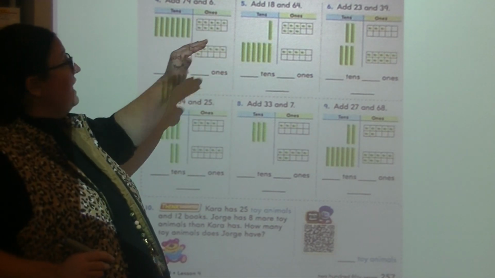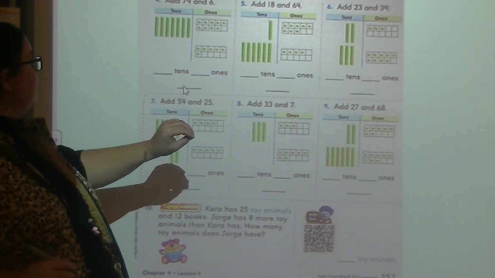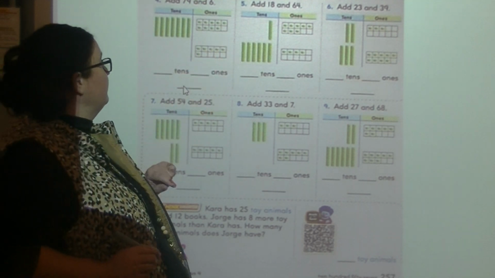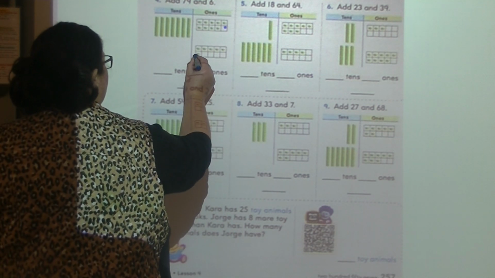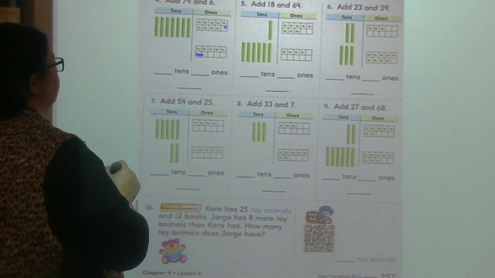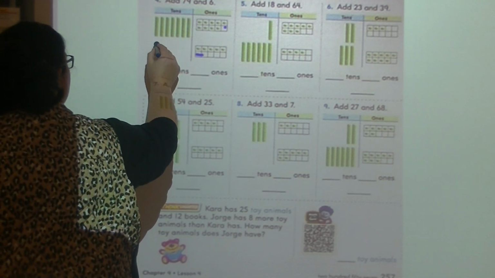All right. Can we make a group of 10? Yes, we can. Let's take one and move it up. Get rid of that one. All right, I can move it in.